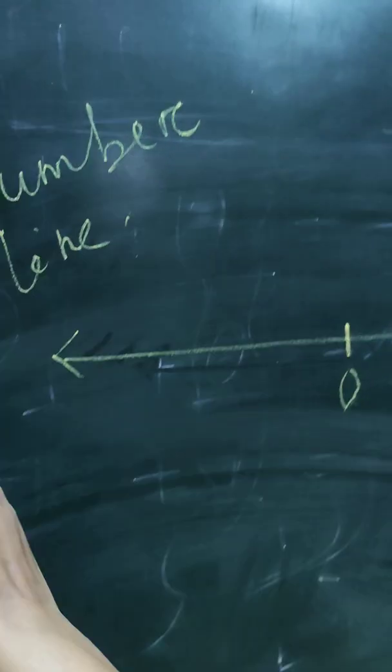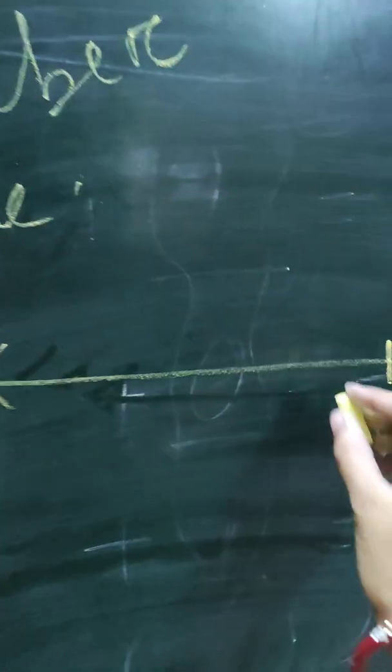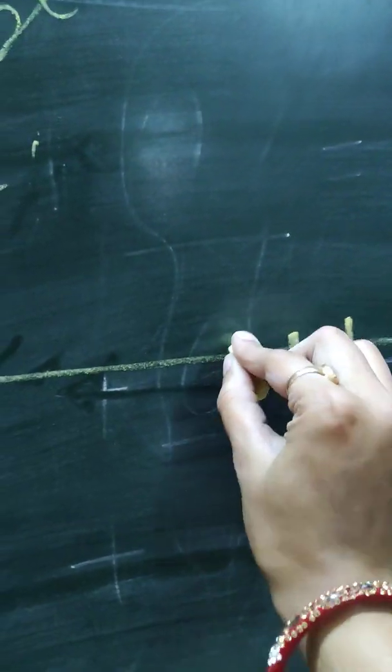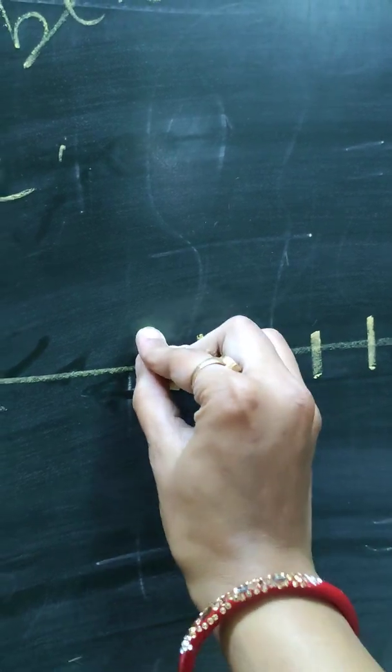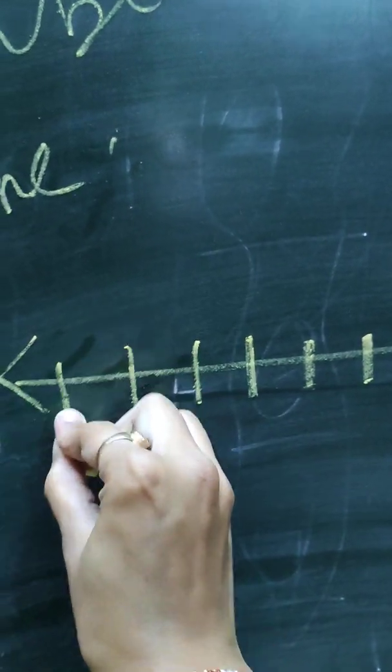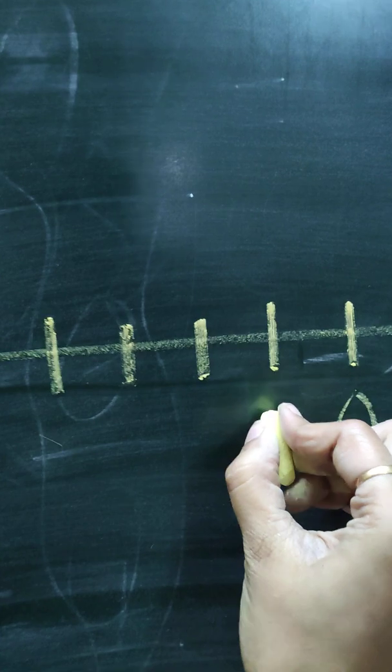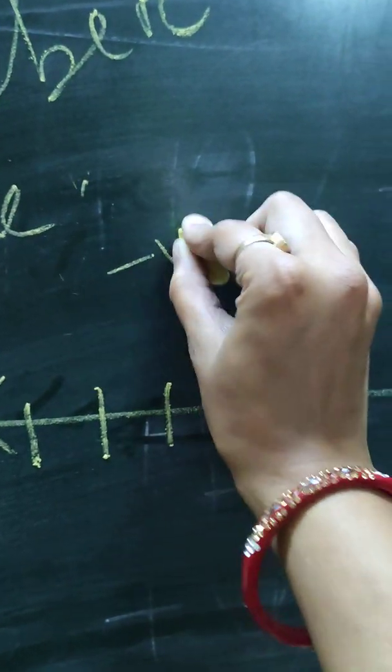On the left side of this 0, all you need to express is again the same demarcations of equal length intervals, and over here it is always expressing the negative integers.